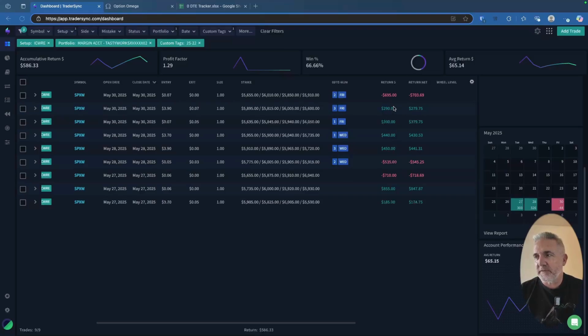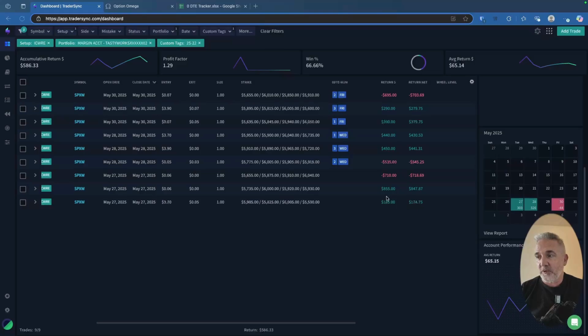The smaller profits, like the 290 and the 390, that's where it used a trailing stop loss. So basically, we triggered that point to where the trailing stop was moved up, but then the market moved in the direction where it stopped it out. So it didn't have the opportunity to expire worthless. It did get stopped out for a smaller profit.